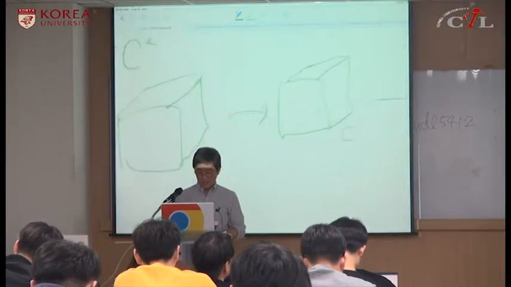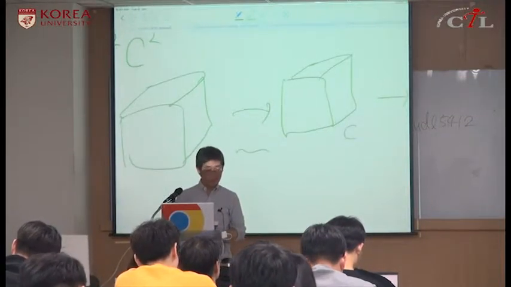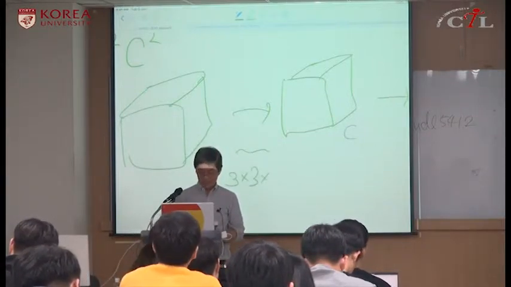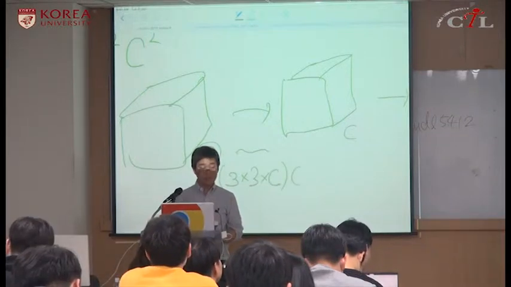In the first layer, how many parameters do we need? 3 by 3 is our filter size, and this is an input and this is an output.